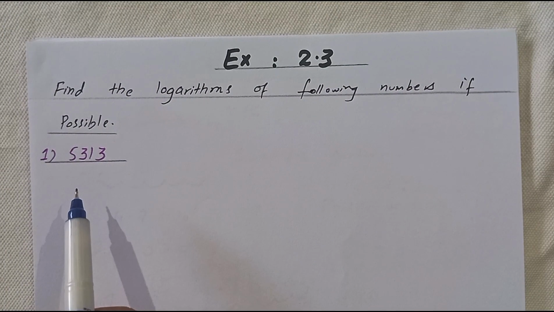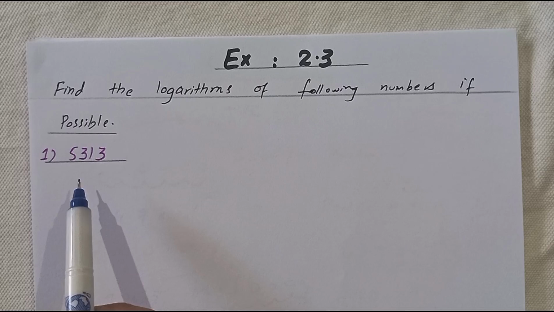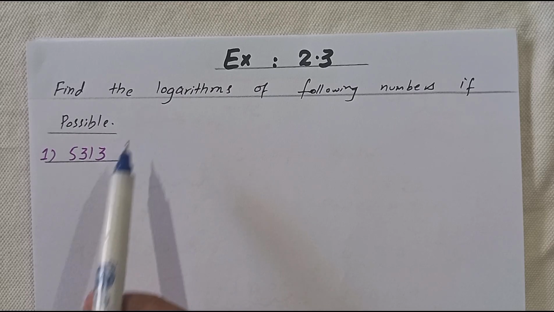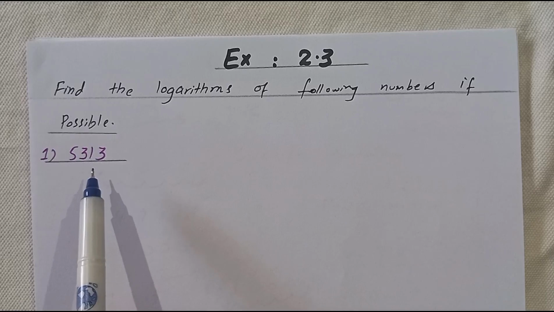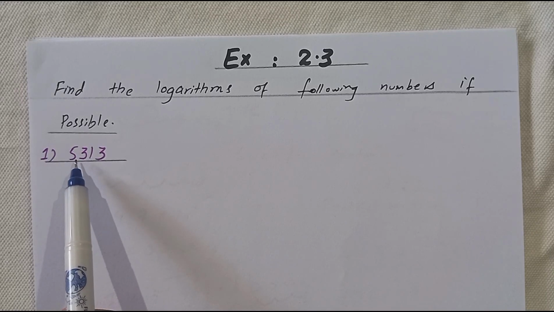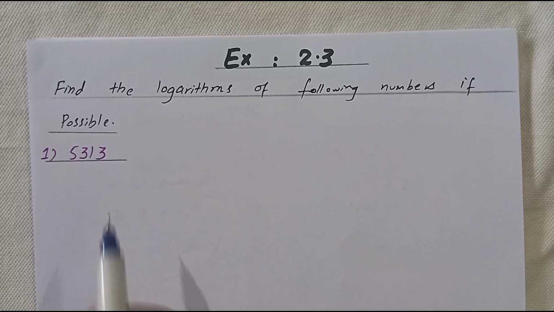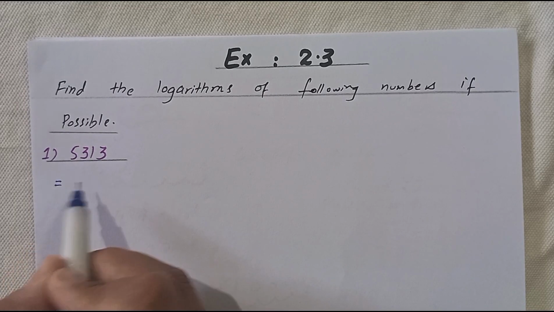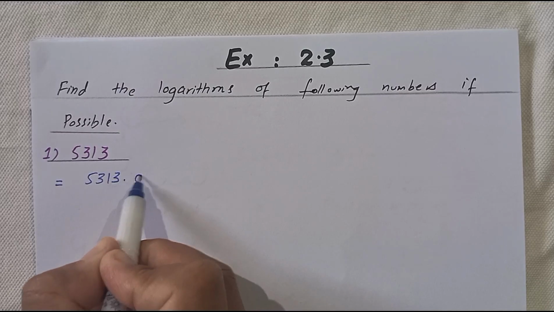In this question, first we have to write it in scientific notation. The first condition to find the log value is that we have to put the decimal after the first non-zero number, that is 5. There is no decimal in the question, so we assume the decimal is after 3.